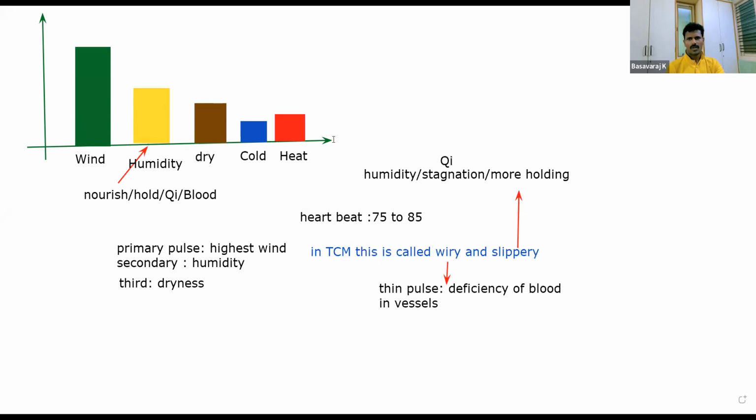So orally we will call it a liver blood deficiency that leads to liver insufficiency.